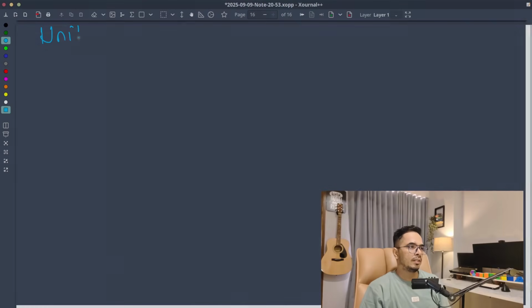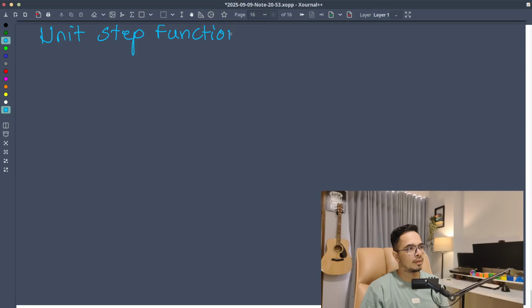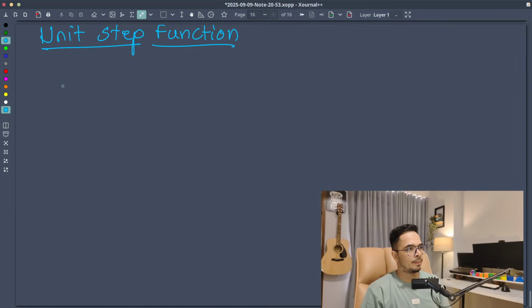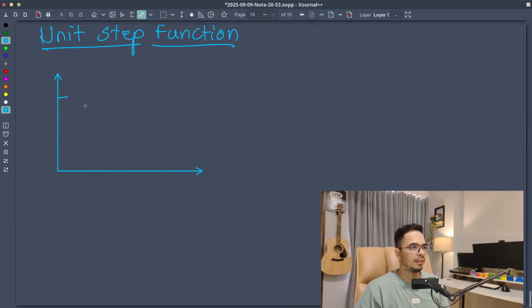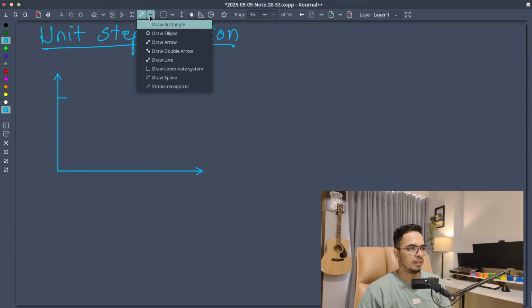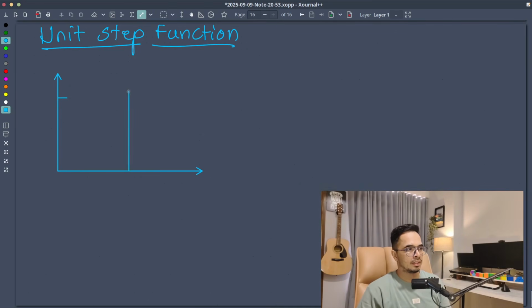So if you look at a unit step function, the idea is pretty simple: we have a function wherein before a certain value, it assumes a value of 0, and after a certain value, it attains a constant value and stays on that value for a long time. So if you look at a typical step function, it should look something like this.